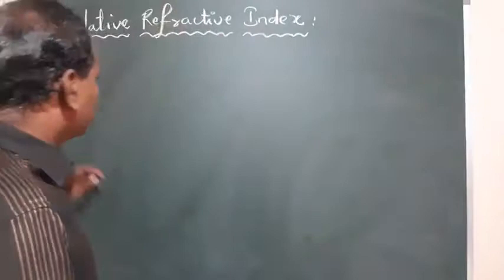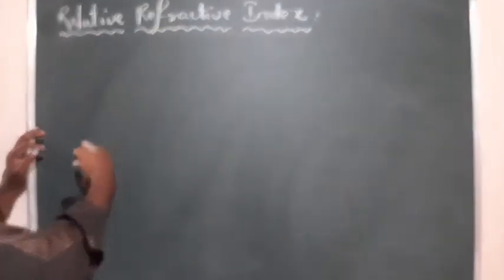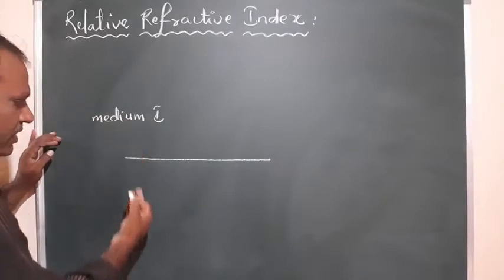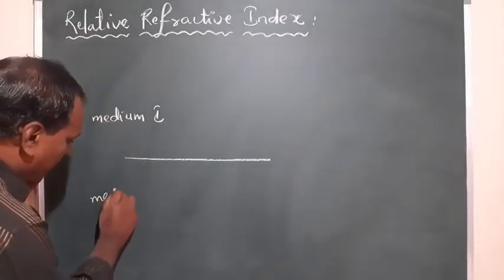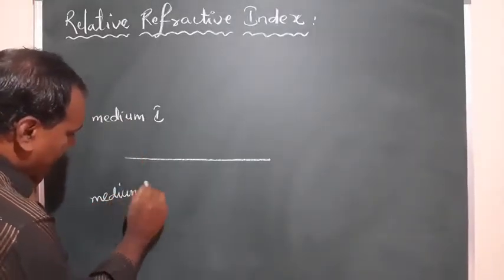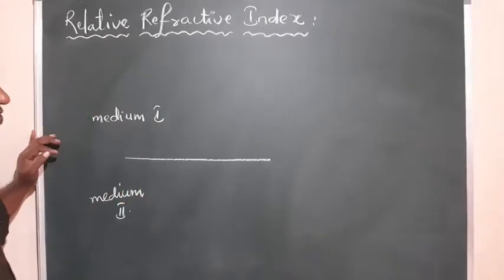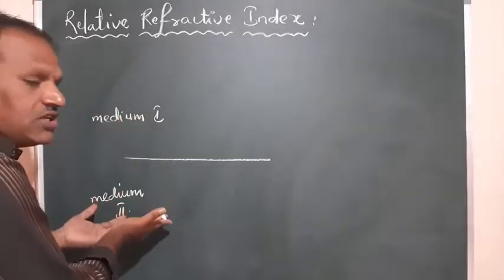Before the definition, let me set up this figure. We have medium 1, and the interface between this medium and one more medium, medium 2. This is not free space, and this is also not free space.